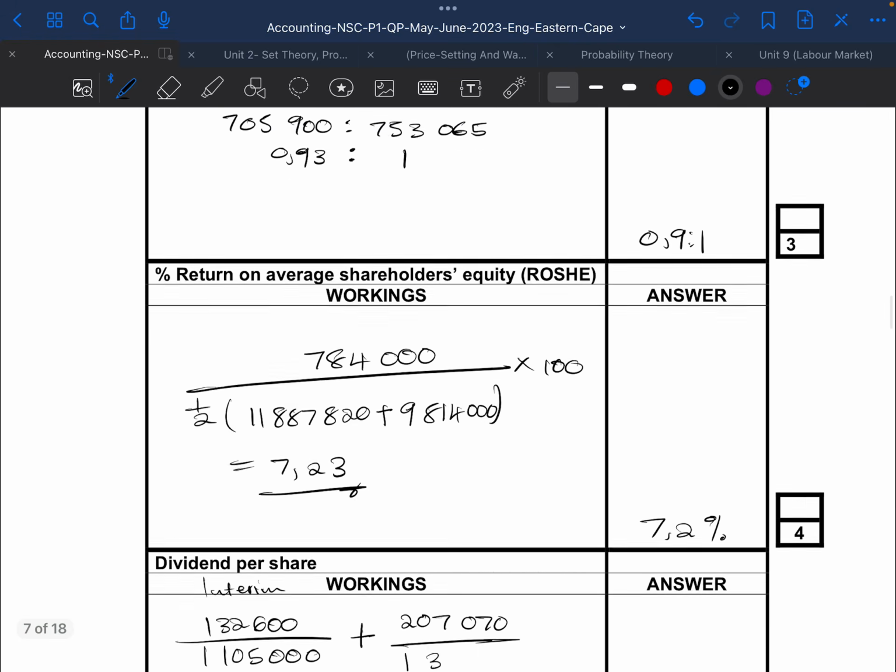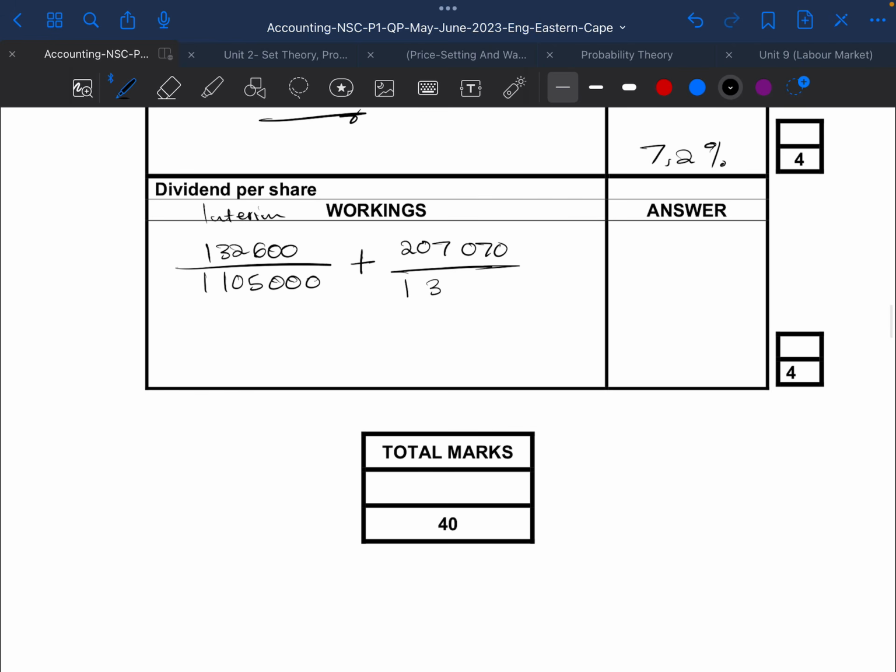All right, I've got it now. So let's just see what our total is there. 132,600 plus 207,070 over 1,380,500. I'm getting 0.2699, so just say 0.27, and then here you can just say 27 cents.